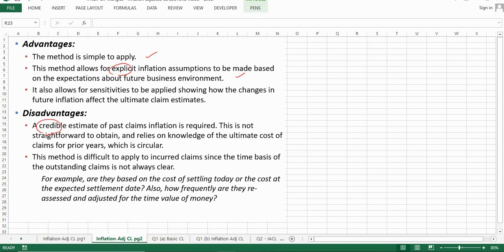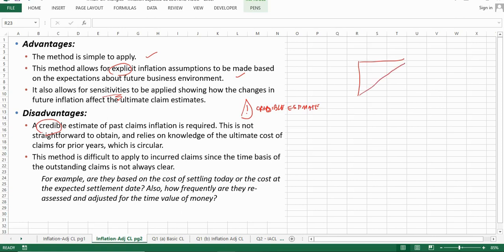In fact, we need a good estimate of the past inflation because if we implement the sensitivity analysis, the calculation of the reserve is very dependent on the inflation assumptions we make on the past and the future. So we need a very good, credible estimate of the inflation rates.